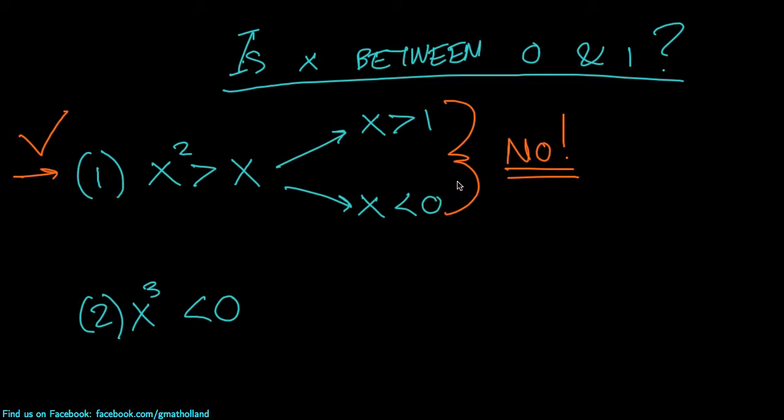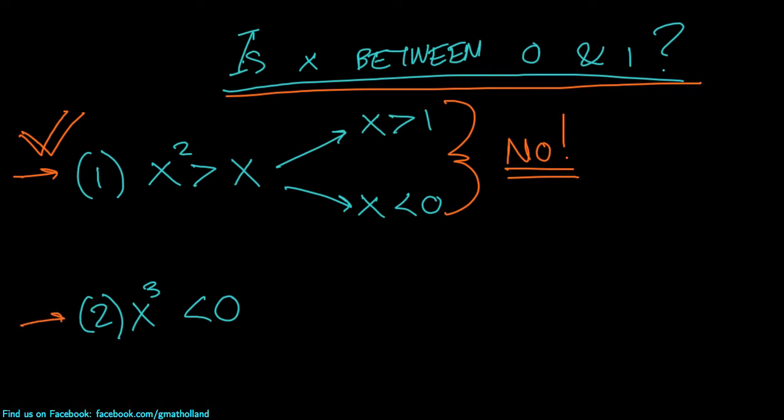But the actual question you're answering is whether you have enough information to answer this question. And we do have enough information to answer this question, because we can say no, x is not between 0 and 1. So the first piece of information is sufficient.